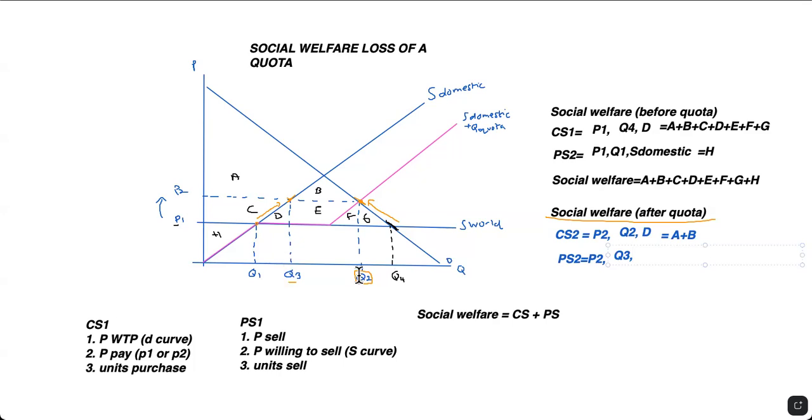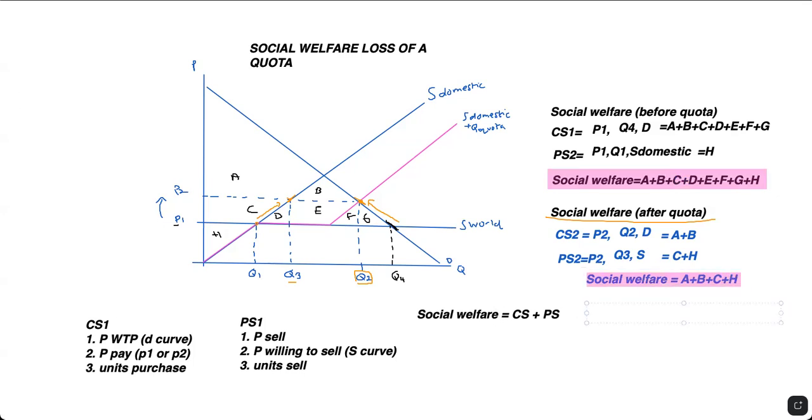Remember, the demand is much higher than that, so they can sell all of it. And the supply curve, so all of this is going to be area C and H, giving us a total social welfare of A, B, C, and H. Now we compare what social welfare has done. We're going to be able to figure out, is there a welfare gain? Is there a welfare loss?